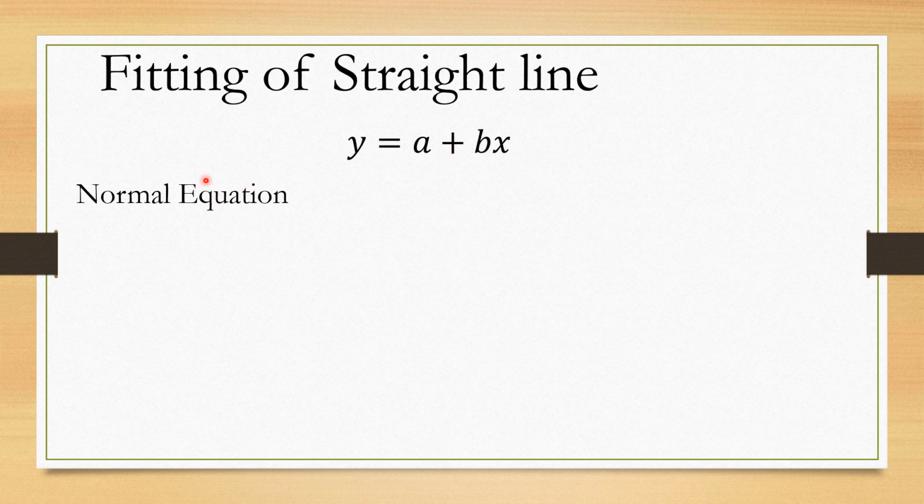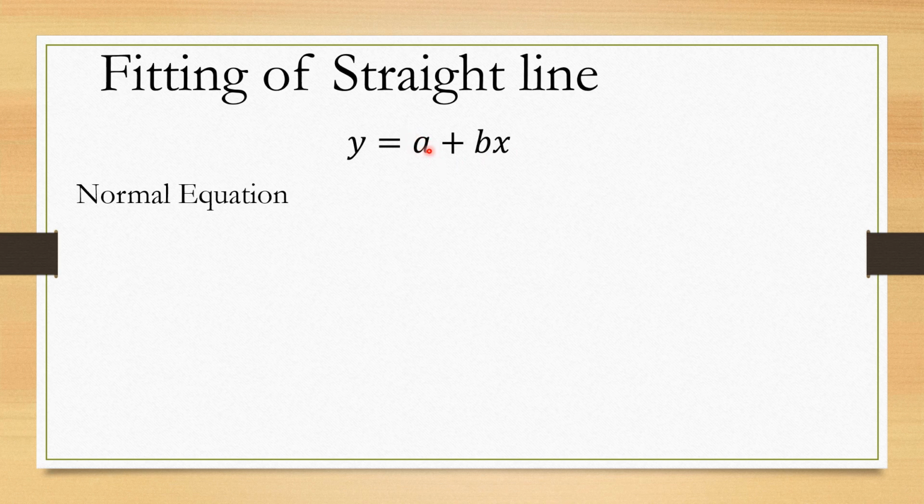Now how to write the normal equations? We have y is equal to a plus bx, where the x data and y data we know, and a and b are constants. Take summation on both sides. Remember, summation means addition. So the addition of y data can be calculated, and the addition of x data can be calculated.